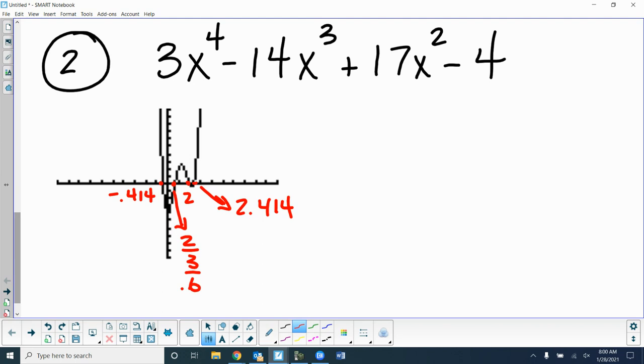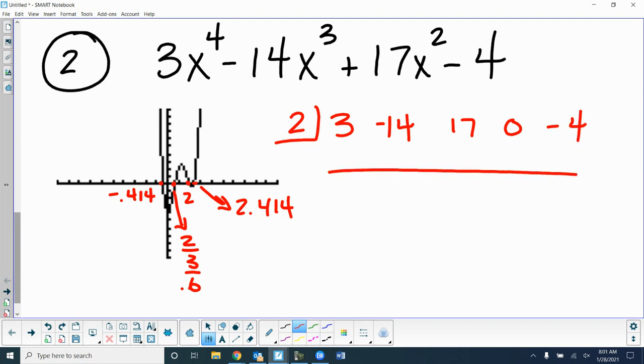Okay, but let me show you that don't use 0.6 when you do this. So I would use 2 first. But remember, I have to add a 0 after the 17 for the x, and then the negative 4. And that's where some of you were trying to do it this way, and then you forgot about the 0.